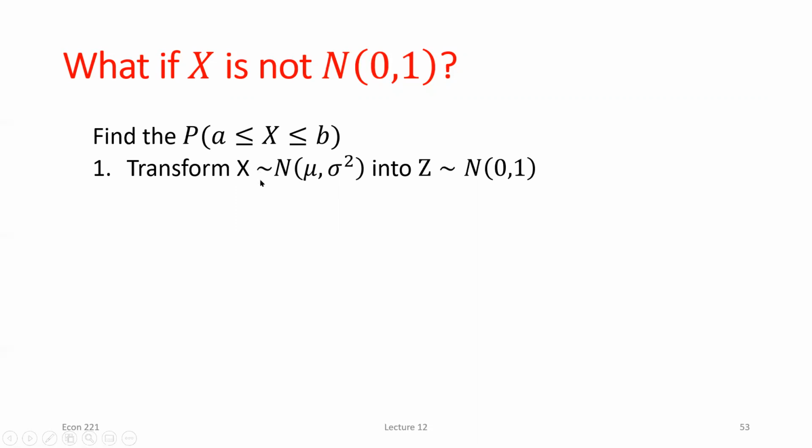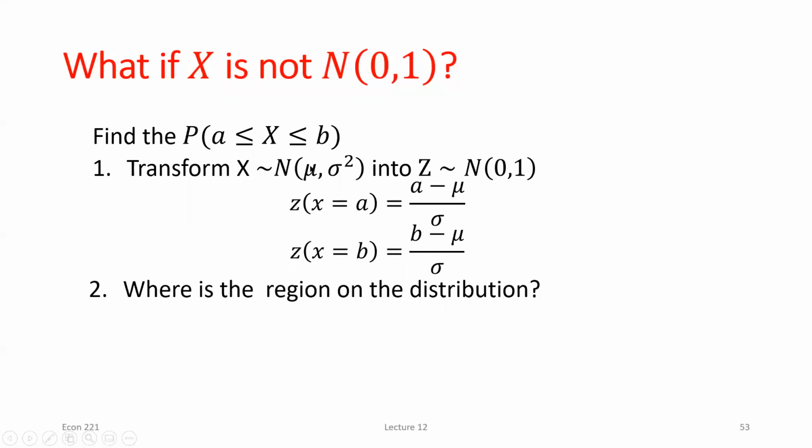Well, the first step is we're going to transform that normal variable into a standard normal variable by turning those two values of a and b into z-scores. How do we do that? Well, we simply take that value, a or b, subtract the mean, and divide by the standard deviation. Once we do that, we think about what region we are looking for.